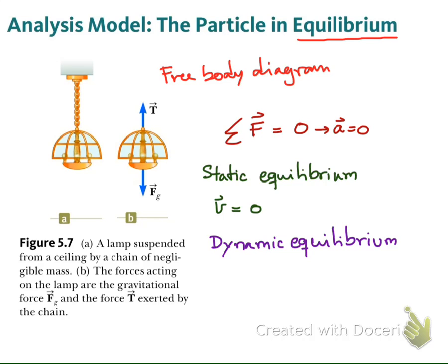That is, when the acceleration is equal to 0, it means that we may have the situation that v is a constant, but it's not equal to 0. So in this case, the particle or the object moves, but with a constant velocity, and we may say that it is in dynamic equilibrium.